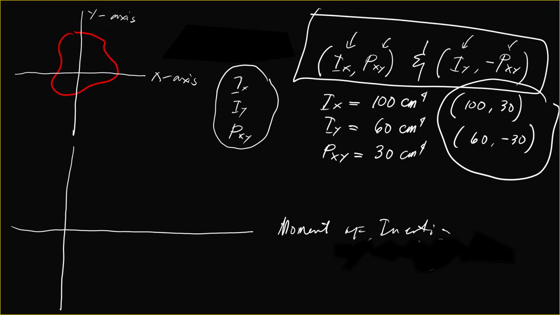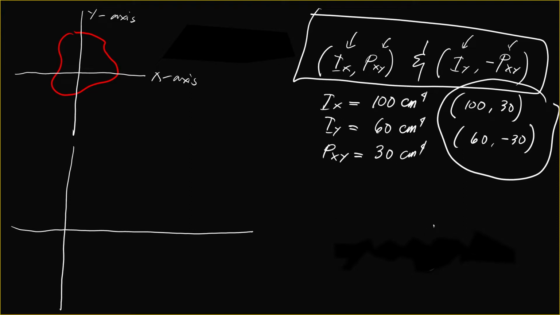And Pxy naman is along the y-axis, dito dadaan ang product of inertia. So ito nga, the x-axis is the moment of inertia, that means the Ix and the Iy. Tapos, ang y-axis naman is the product of inertia. Let me erase this para medyo malaki ang space.